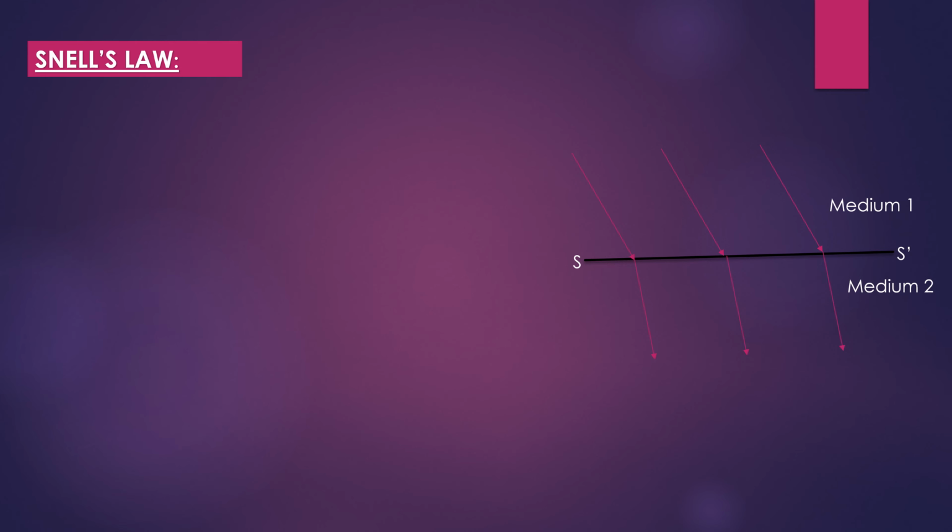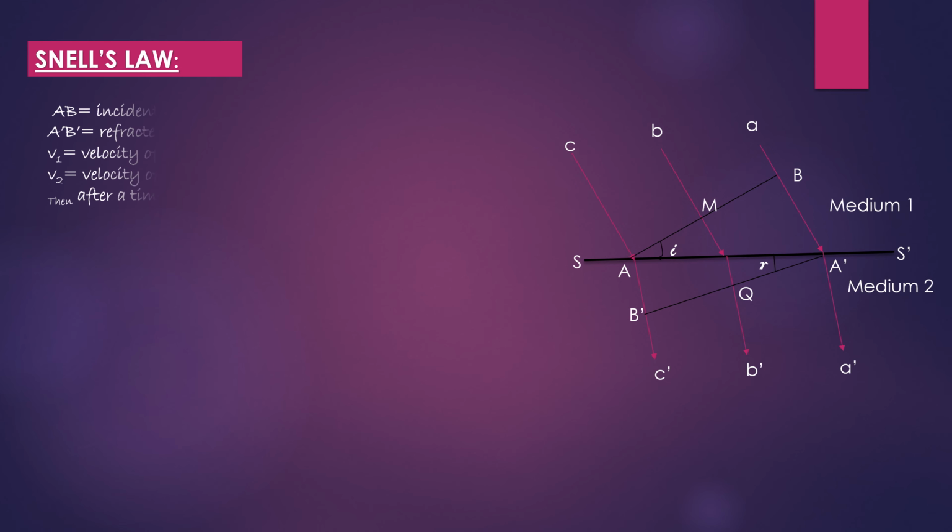Now we'll mark these points on the refracting surface. We have A B dash, which is the incident wavefront, and A dash B dash, which is the refracted wavefront. We have the angle I and angle R, that is, angle of incidence and angle of refraction.